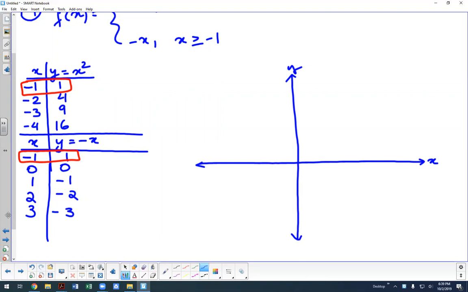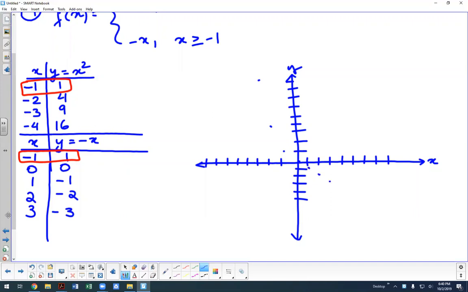We're going -1, -2, -3. I actually need to go up to 9 on this though. So -1, -2 is at 4, -3 is at 9, and then we go down to 0, 0.